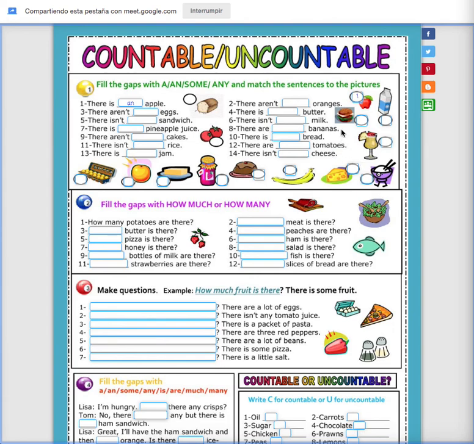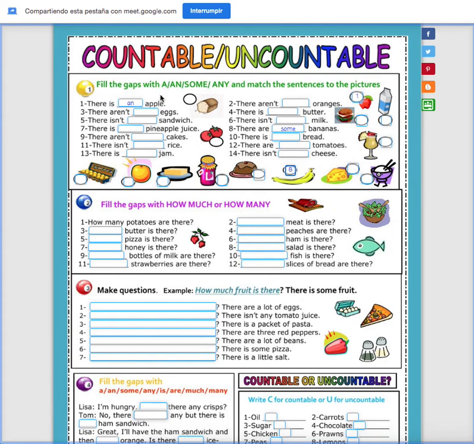Si tienes la forma plural. Hay algunas bananas. How can you say? Son bananas, ¿no? Some. There are some bananas, and then you have to go and look for the image and put number 8. Okay, that's what you are going to do, some bananas and so on. Okay, please do it.